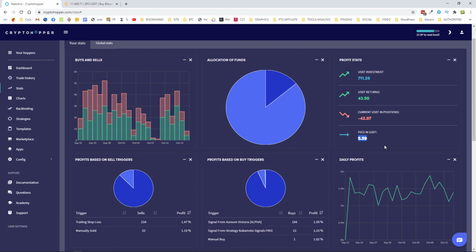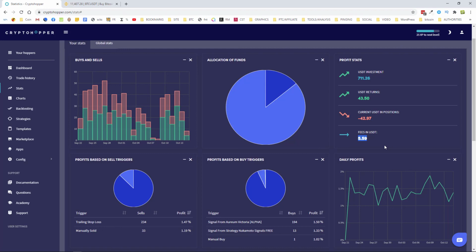Now, it's a conservative trading method, and being conservative means you're only buying small amounts of coins. You wouldn't put $1,000 into this and tell the robot to buy $1,000 worth of Bitcoin all in one go. Because if Bitcoin does go down, and it can, as you know, then you are left waiting, sometimes days, sometimes weeks, and maybe even months for it to come up to that point where you are again in profit.